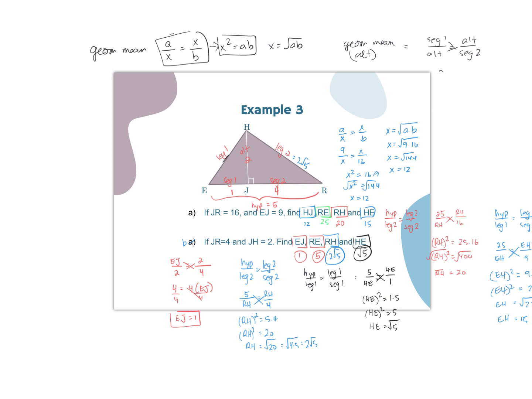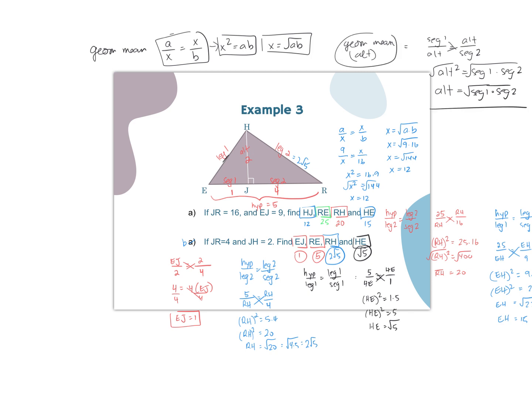So I know that altitude squared is going to equal segment 1 times segment 2. And again, if I take the square root so that I can get the X by myself in the mean, then I know that the altitude would equal the square root of segment 1 times segment 2. So this is 3 different ways, again, of writing it and solving it.